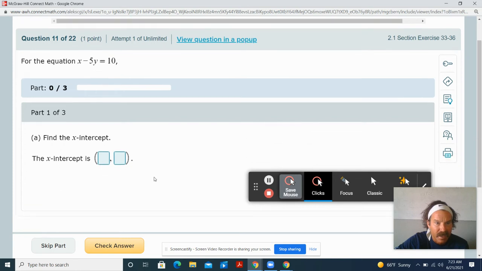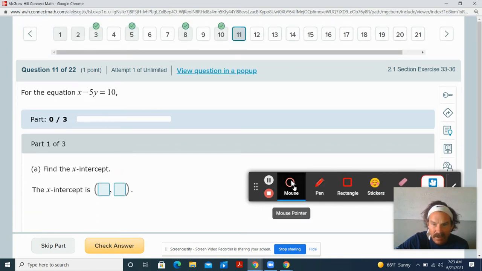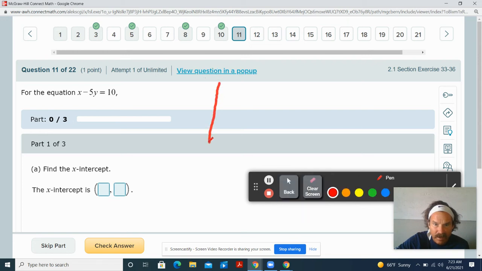Yeah, so here it is. It asks you for the x-intercept. So let's just do the table here. All right, there's the table. I always write the table this way. It's called a little t-table. X's come on the left, y is on the right. So for the x-intercept, you let y be 0. If this is 0, then x minus 0 equals 10, because 5 times 0 is 0.